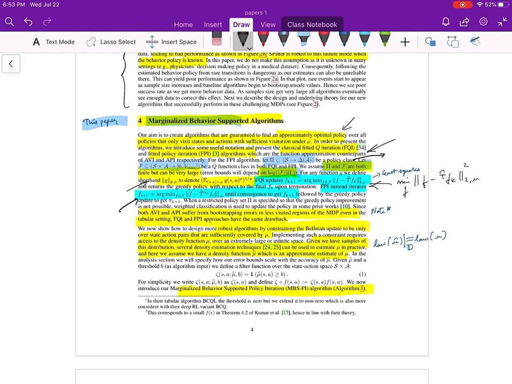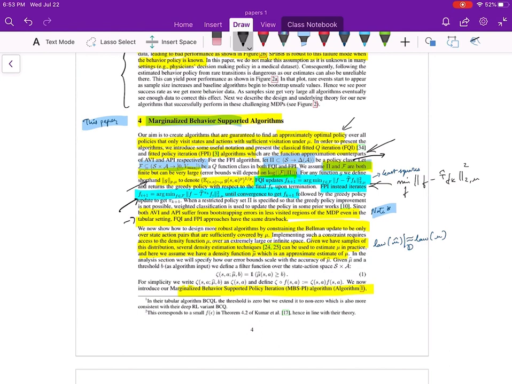Now I think there is a note here which says both AVI and API suffer from bootstrapping errors in less visited regions of the MDP even in the tabular setting. FPI and FQI will also have the same drawback. So even this suffers with quite a bit of overestimation. That is what is being said here.